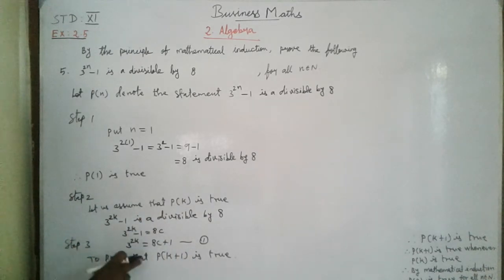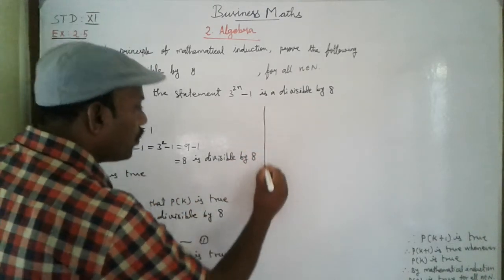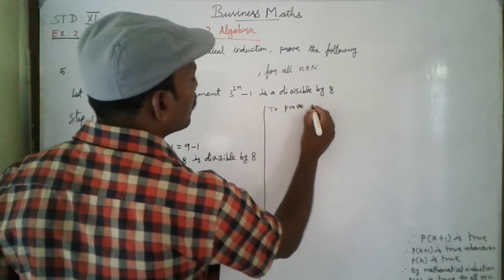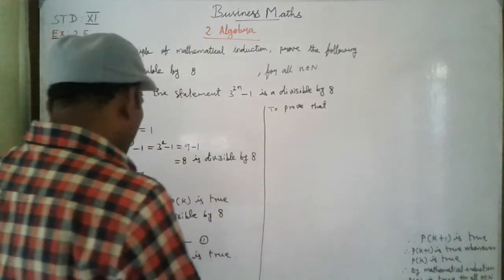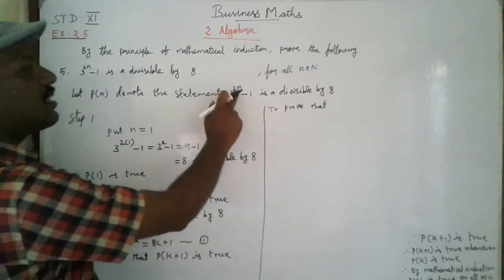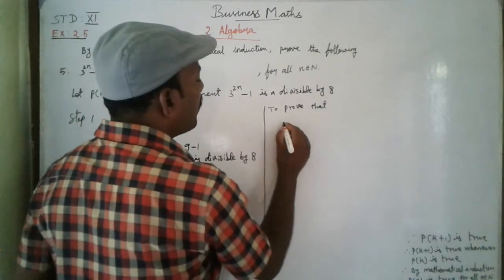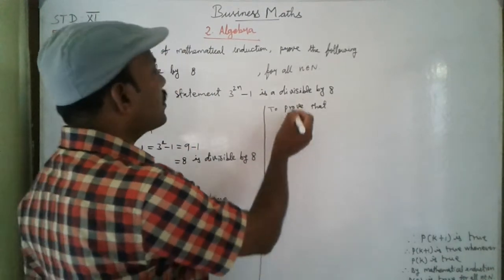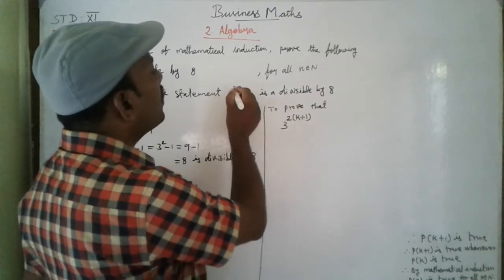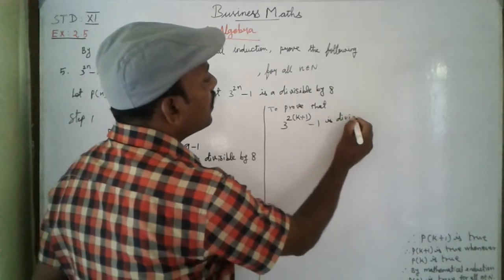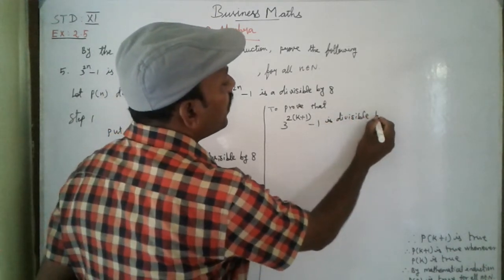Step 3: to prove that P of k plus 1 is true. Then n is k plus 1, so we substitute: 3 power 2 into k plus 1 minus 1 is divisible by 8.